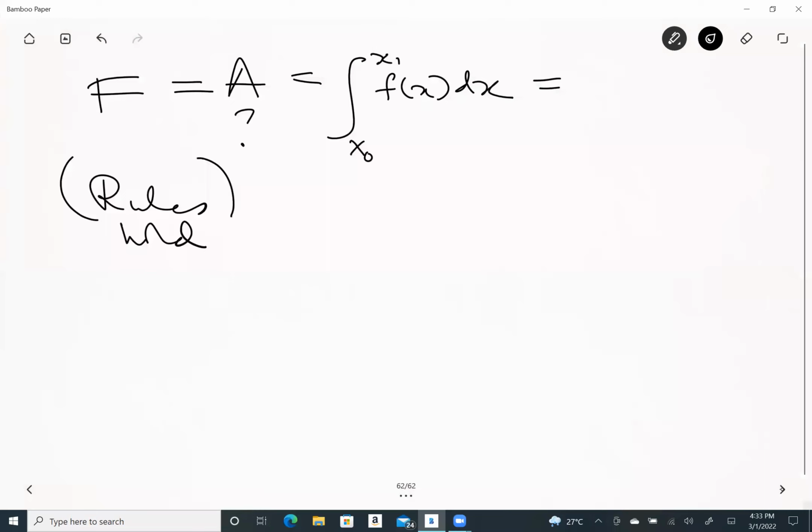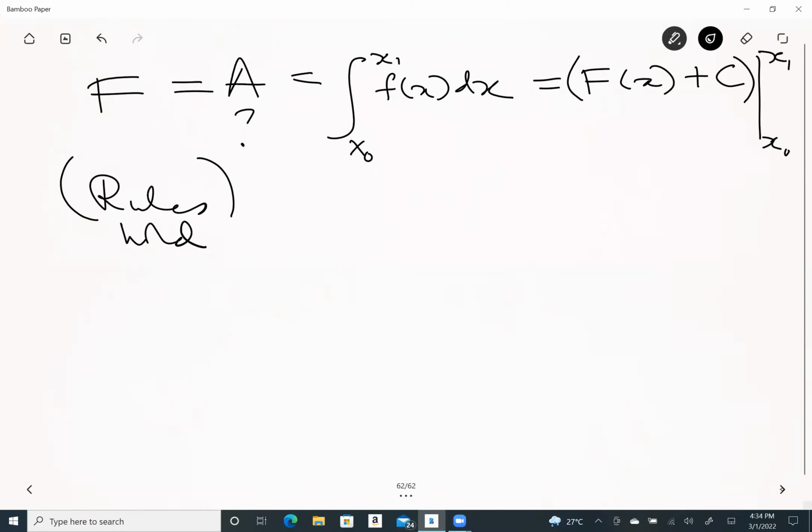The rules that we learned earlier are the same rules. We are doing the integration over one interval. So that will be equal to the integral of f of x, F plus c, and then we do it from x0 to x1.